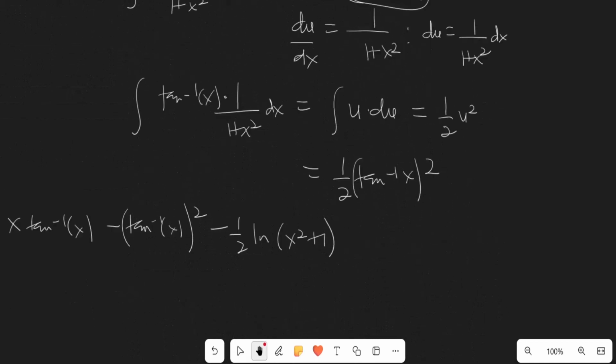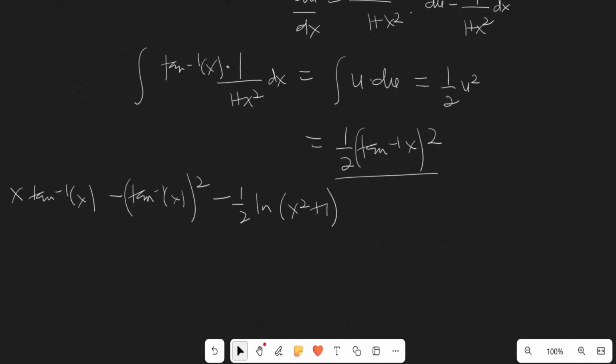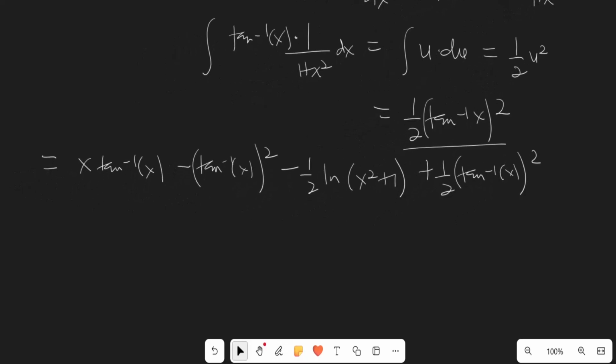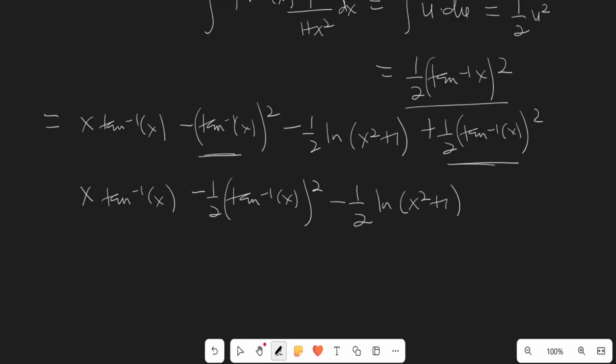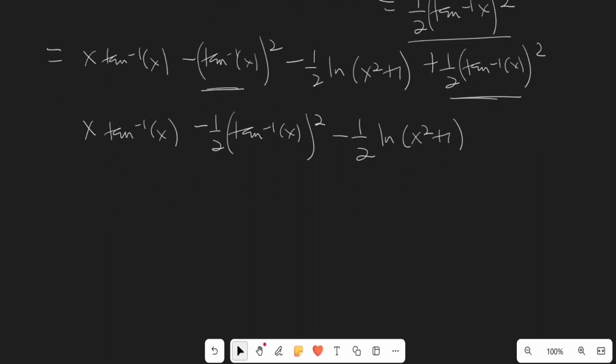And this integral, we got that to be 1/2 tan inverse of x all squared. So plus 1/2 tan inverse of x all squared. So we can do some simplification. This and this can be simplified. So in the end, we have x tan inverse of x. This and this combine to negative 1/2 tan inverse of x all squared minus 1/2 natural logarithm of x squared plus 1. So this is how we can simplify it.